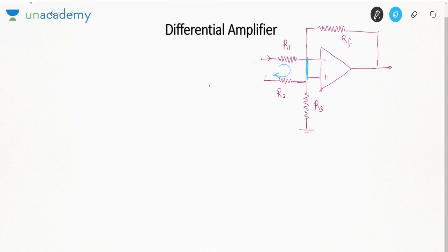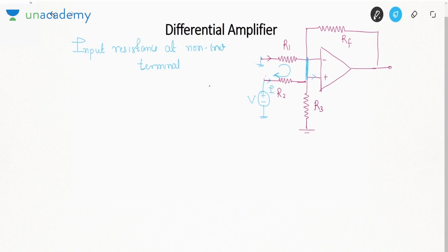Suppose I want to find input resistance at non-inverting terminal. In this case, what you do is, you connect a source here and find this current I. Ground this.